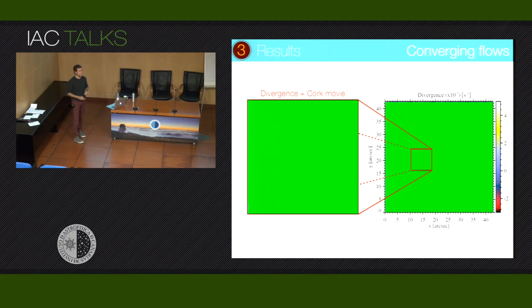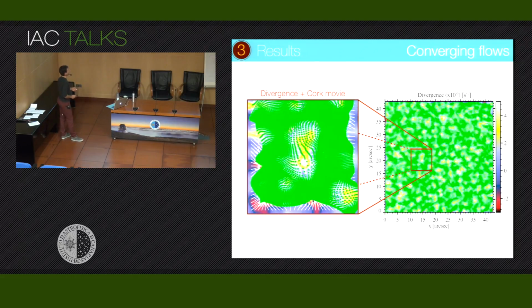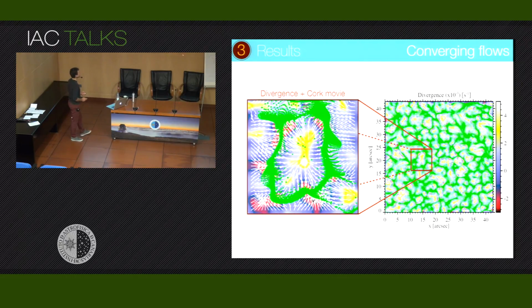If we do that, after some 20 minutes, we find that we have a fully developed network at mesogranular scales. This happens as the corks are advected by these granular flows and are concentrated at the boundaries of these cells. In this way, we can identify the mesogranular lanes, also called mesolanes for short.